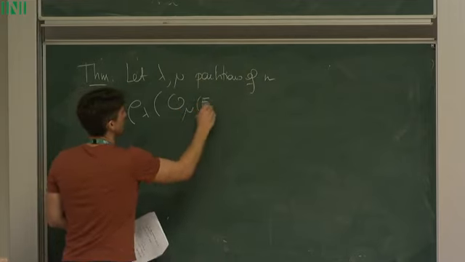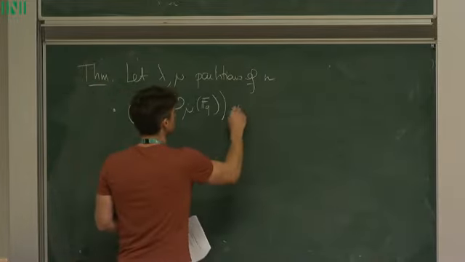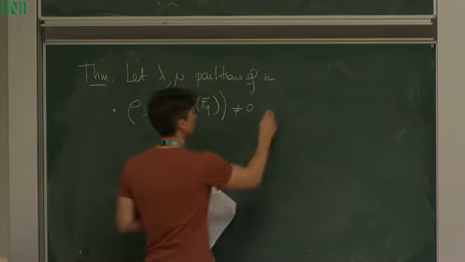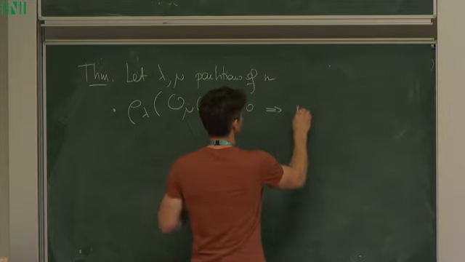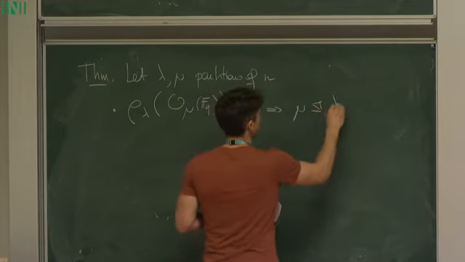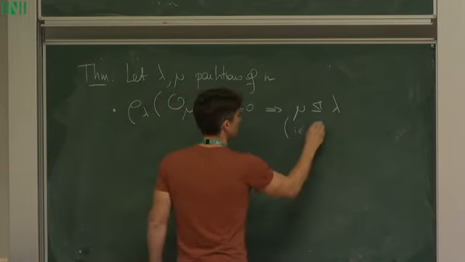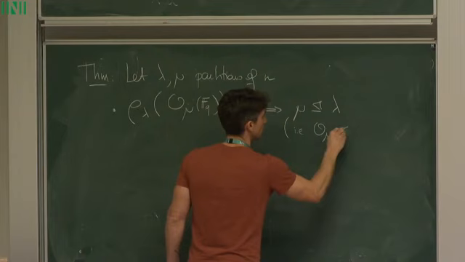So I have to take the points over FQ, and I can look at when it's non-zero. If it doesn't vanish on that class, then this implies that mu is dominated by lambda, which means that O mu is smaller than O lambda.